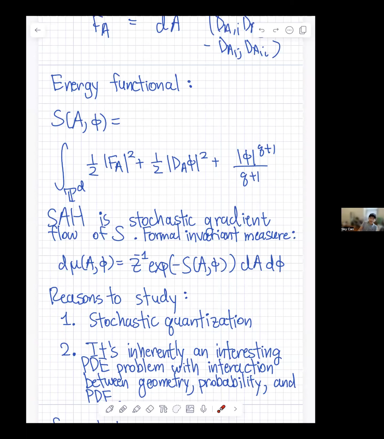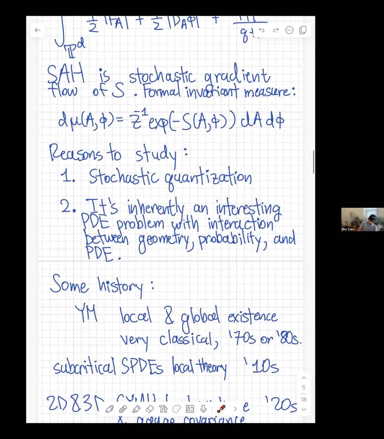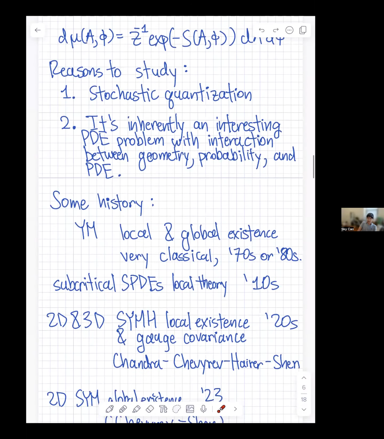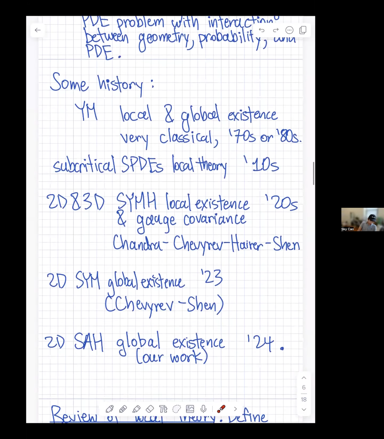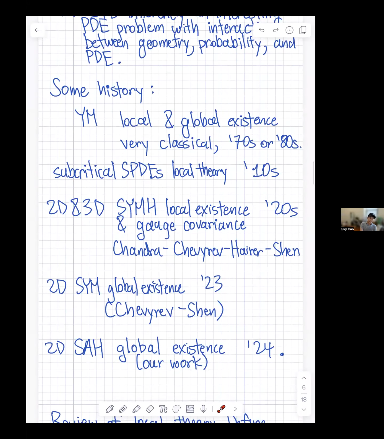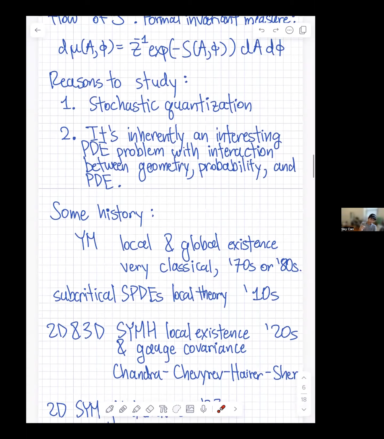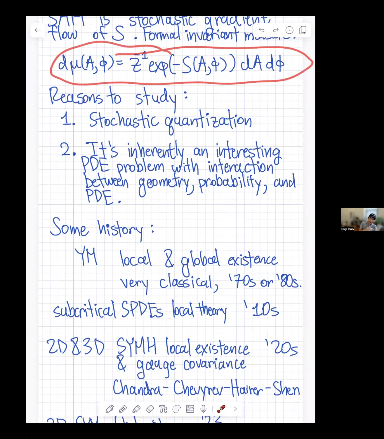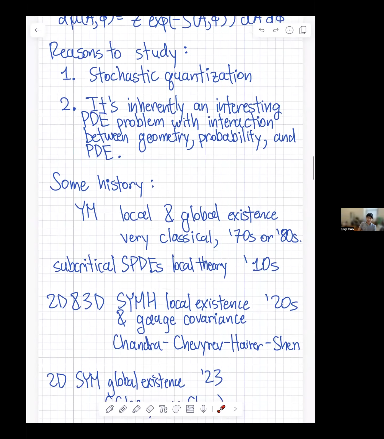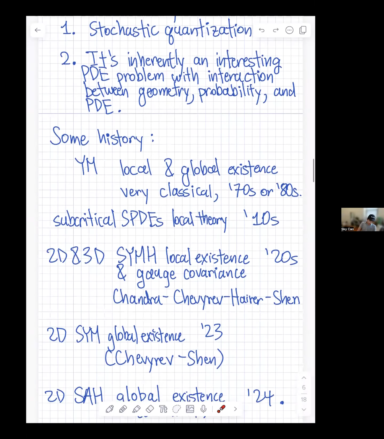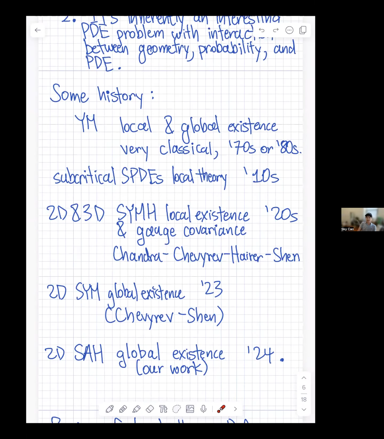Yeah. And so now, before I get into some details, let me just very briefly go over the history of the PDE side. So I already mentioned the Brydges, Fröhlich, Seiler paper, which constructs this measure. So I'm going to focus more on the PDE history. So if you just look at the deterministic PDE, so without the stochastic forcing, you can look at a more general model, which is called Yang-Mills.